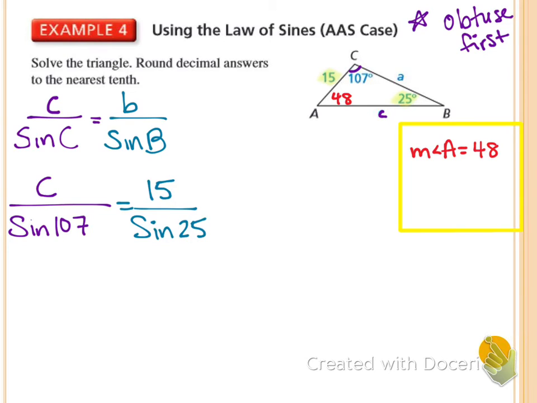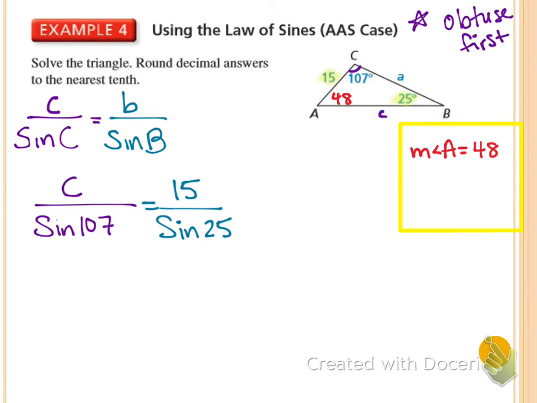So C is being divided by sine of 107, so we're going to multiply both sides by sine of 107. And we're going to round to the nearest tenth.